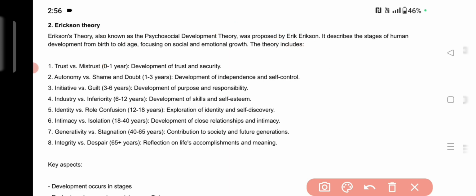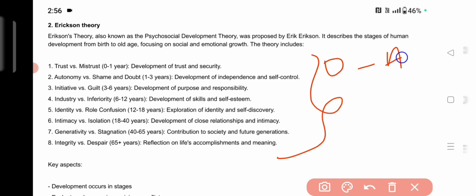It mainly focuses on social and emotional growth. The theory includes 8 stages, from 0 to the end of the age of the individual.